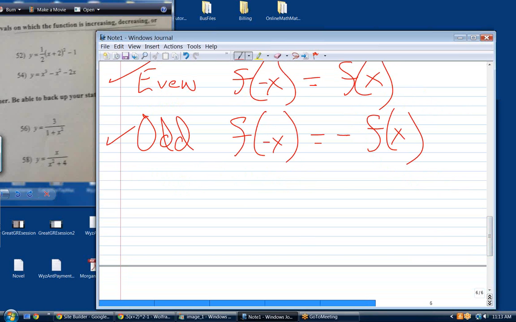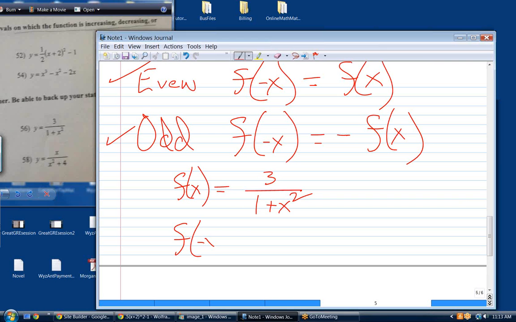Well, let's see. I prefer to call it f of x as opposed to y because it's easier to relate to that way. So what is f of x? What is f of minus x? 3 over 1 plus negative 2x squared, which is equal to 3 over 1 plus 2x squared.